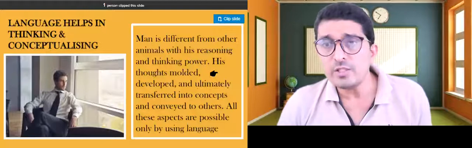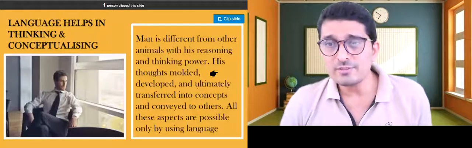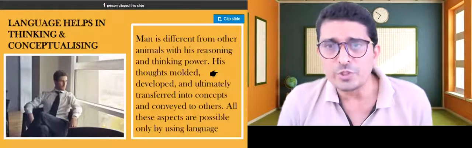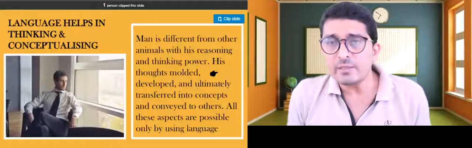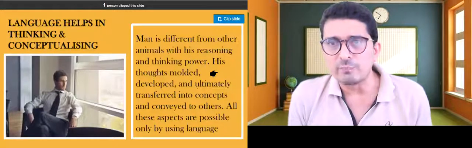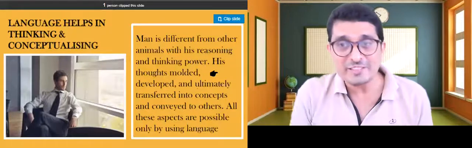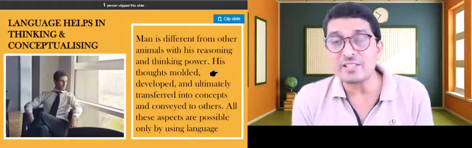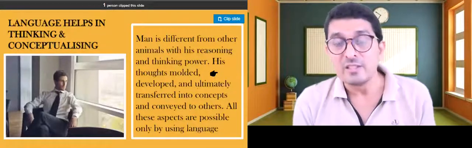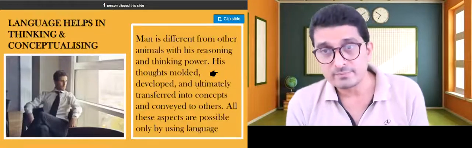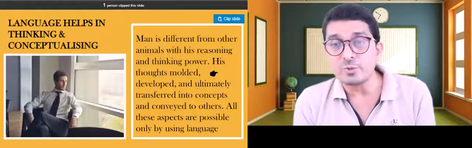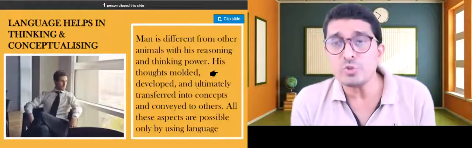For example, if you want to think mango is beautiful, mango is tasty, mango is a small fruit, then you have to make use of language. And man is different from other animals with his reasoning and thinking power. I do not know whether other animals have got thinking power or not. According to modern people, according to human beings, other animals haven't got the power of thinking and reasoning. We tell it in Malayalam, Vishesha Buddhi. We feel that other animals haven't got capacity to think, but we have got capacity to think because we have got language.